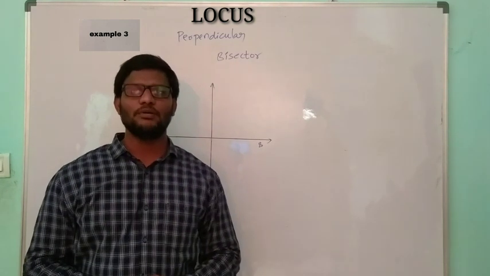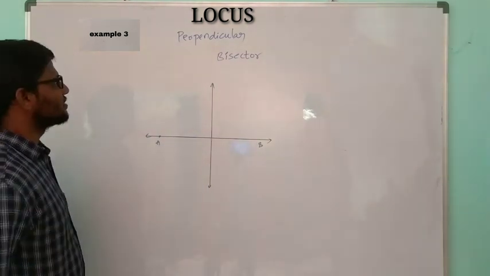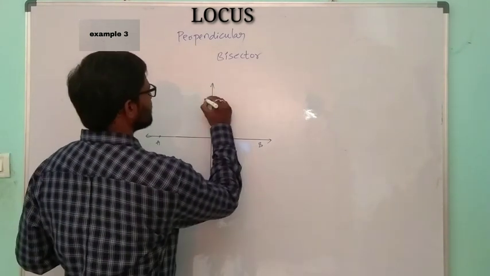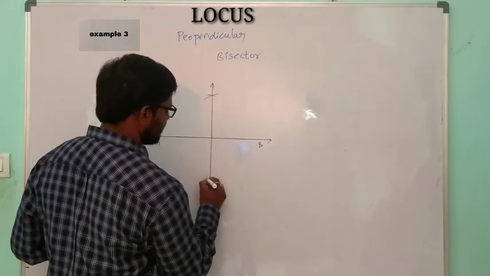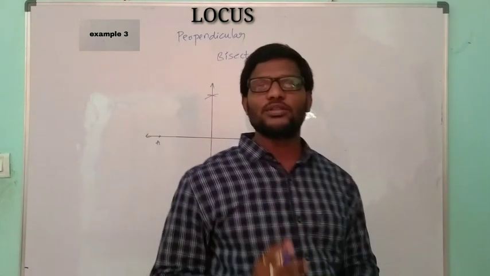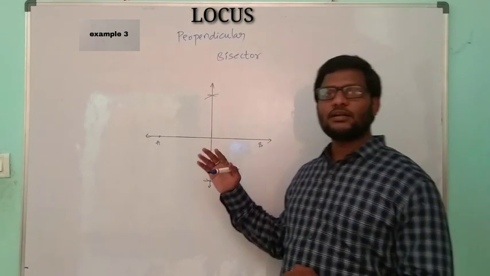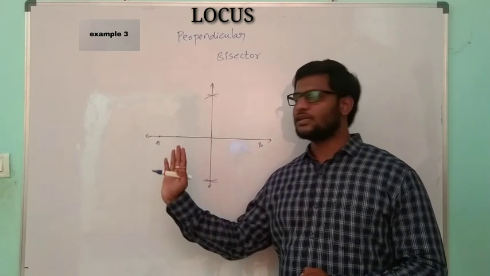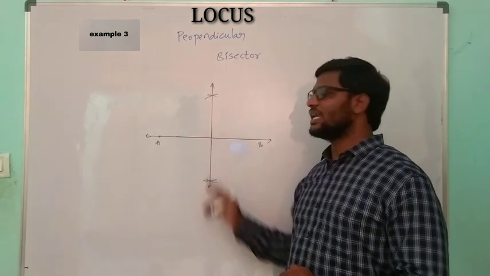Next, example 2 is about the perpendicular bisector. What is a perpendicular bisector? You know how to draw the perpendicular bisector of a given line. By taking more than half the radius, we draw two arcs on either side of the line segment. By joining these arcs, we get the perpendicular bisector.